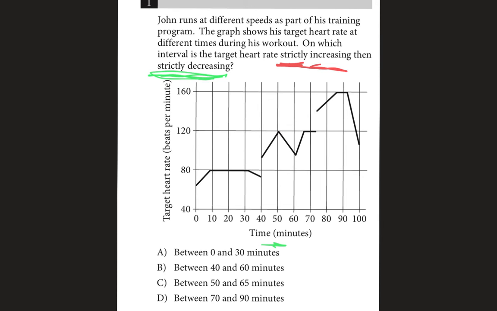The only place where it's just going up straight and then going down is right here. It goes up and then it goes down. And the only interval where that happens is from 40 to 60. So the answer is B. And you could see that didn't take long. You just needed to basically read the question correctly.